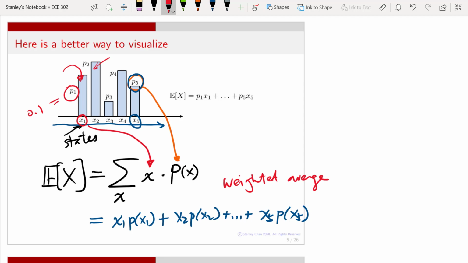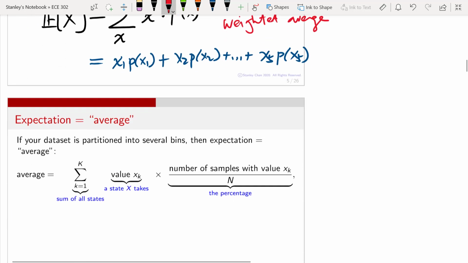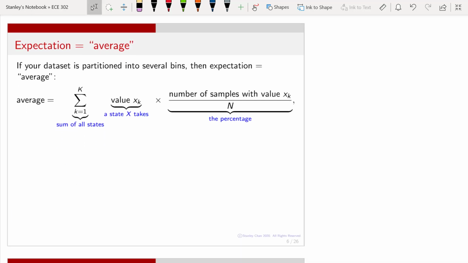The weight will be the probability mass, and the states will define the values. So this is the formal definition of expectation, and it is actually not too different from our normal understanding of an average.